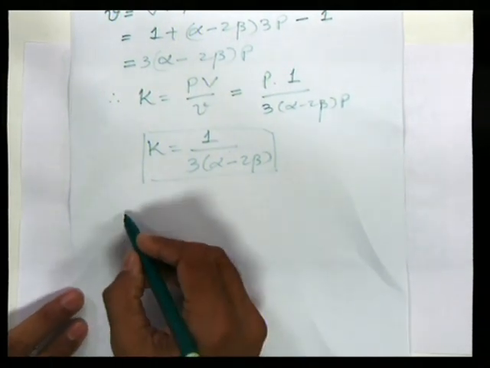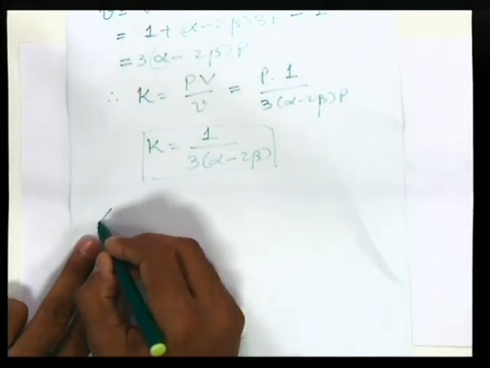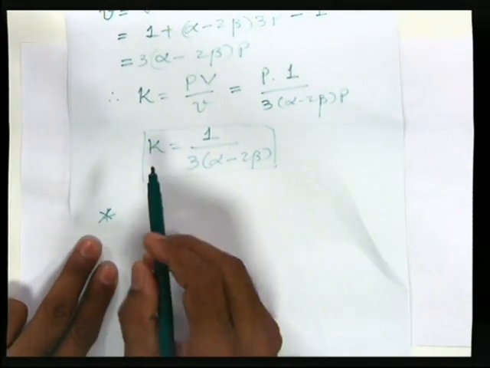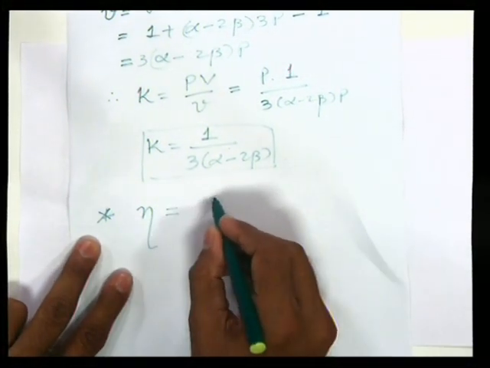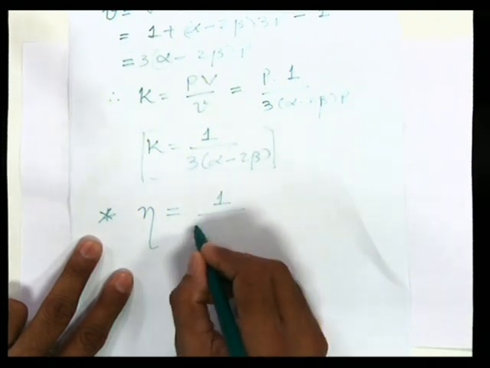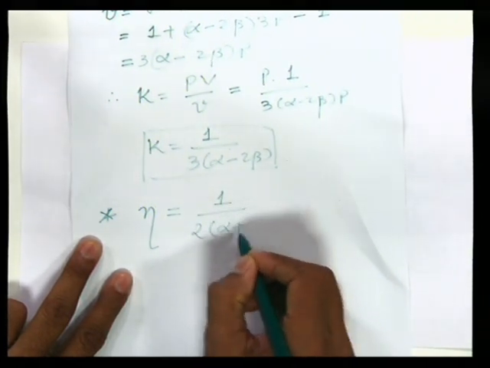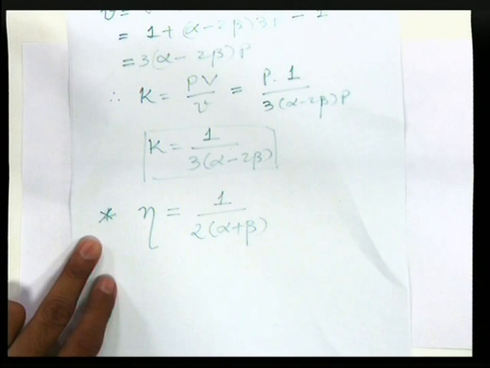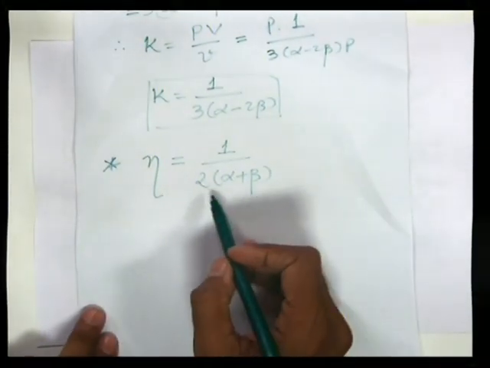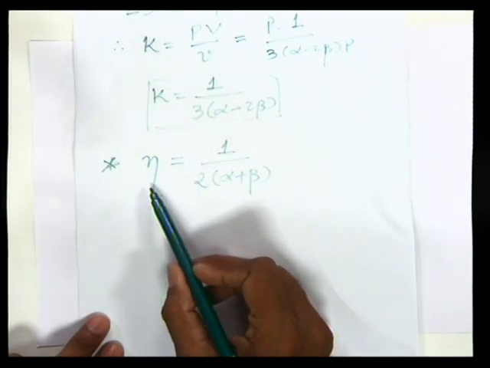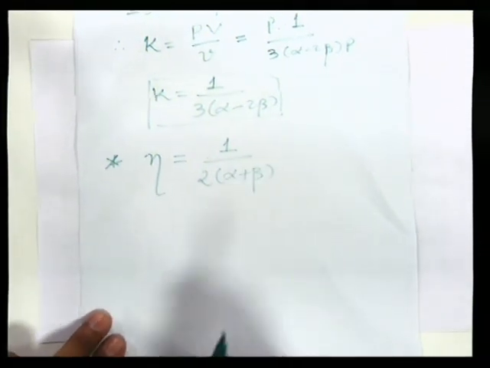Similarly, we can derive a second relation for modulus of rigidity, that is eta equal to 1 plus 2 alpha plus beta. This is the second important relation for modulus of rigidity in terms of alpha and beta.